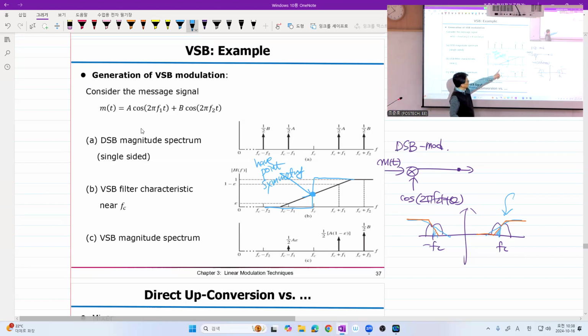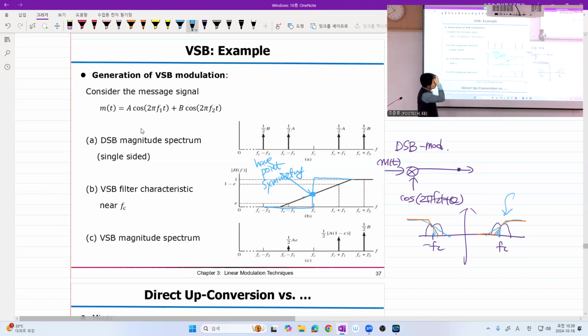So at the carrier, you take some point, height, and the filter for SSB and the filter for VSB have commonality. So actually, VSB is a generalized version of SSB, or vice versa. SSB is a specialized version of VSB in this sense.